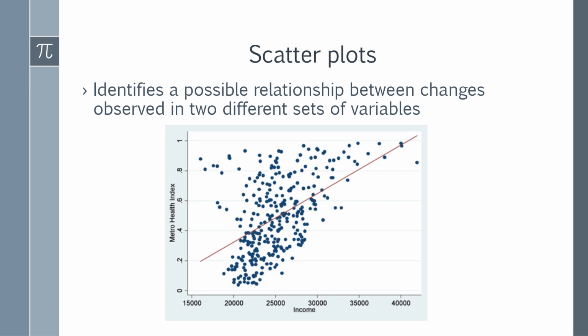All right, scatter plots. This is something that we should have a great deal of. So it identifies a possible relationship or changes observed in two different sets of variables.